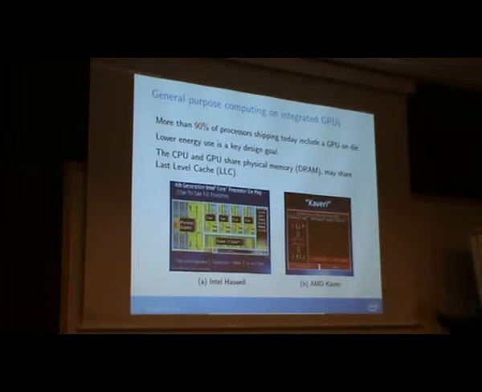They're getting a lot of support from the chip vendors, and they're becoming a lot faster. They have more cores on the GPU side than the CPU side. And most importantly, the GPUs and CPUs in an integrated GPU share the main memory, and sometimes they share the last level cache as well.